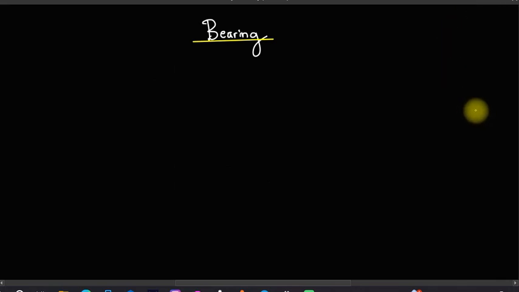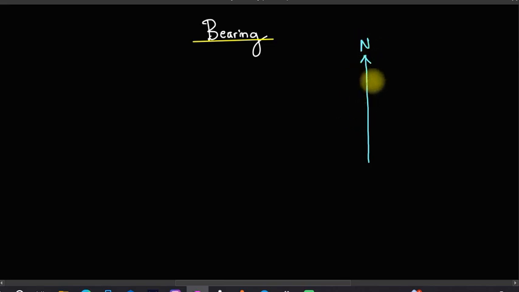Alright, so let's talk about bearing. To understand bearing, you need to know the 4 cardinal points. I don't know if that's what it's called, but you need to know your north, your east, your west, your south. So it's very simple. North always points upwards.